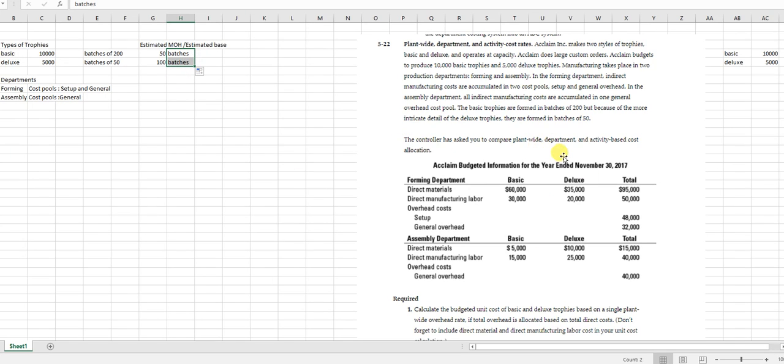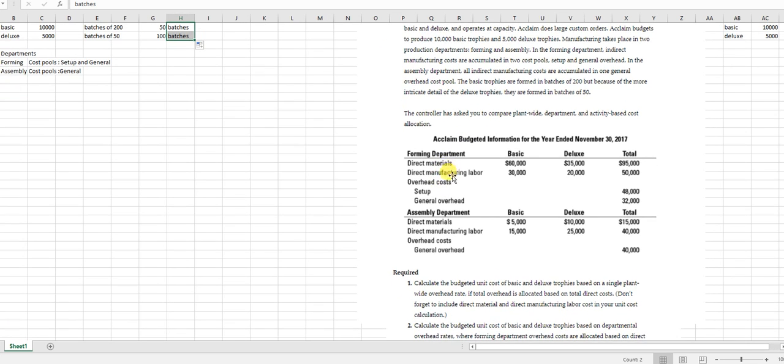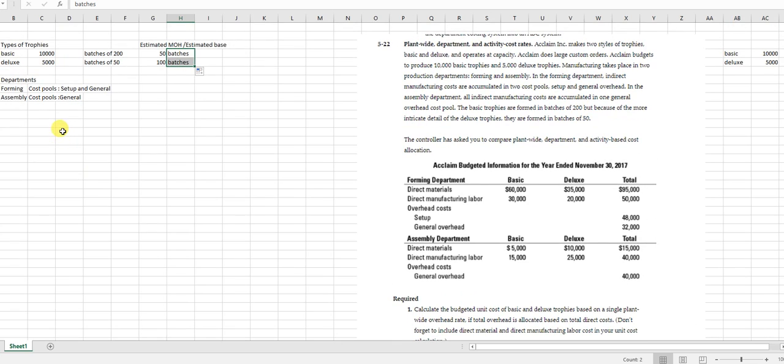The controller asked you to compare plant-wide, department, and activity-based costing allocation. So notice that we have two types of trophies, basic, and again, I may just flip back to the solution just a second here, but deluxe. In most of the problems you have three types of costs.